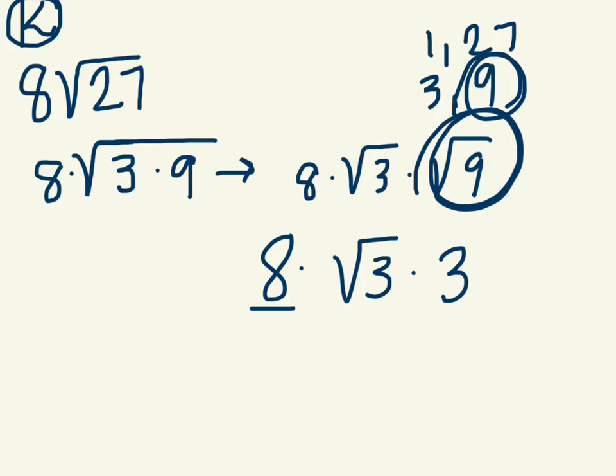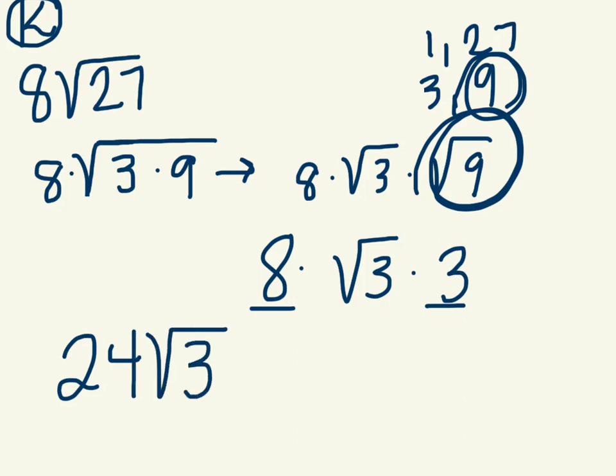Okay, so now I'm going to multiply my two numbers, 8 times 3, which gives me 24, and I leave the square root of 3. So my answer is 24 times the square root of 3. When I look over to the right, the number that signifies the answer to this question is 13. So down below I'm going to look at number 13, and underneath number 13 I am going to write K.